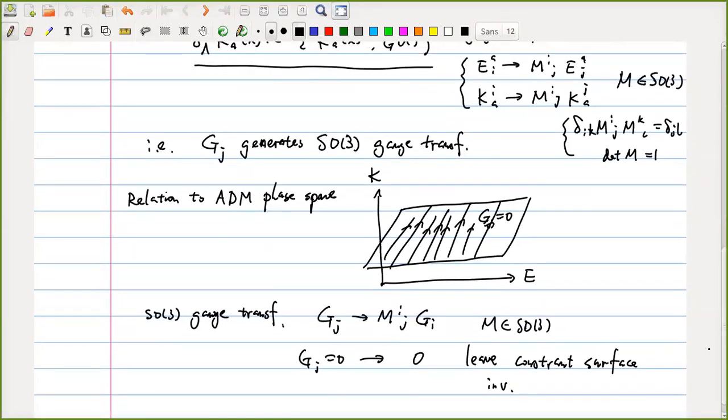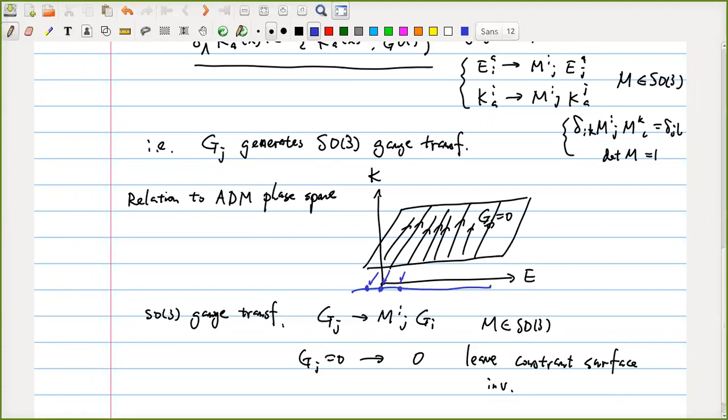Now you can do something similar by taking the quotient. You can consider the SO(3) gauge invariant quantities, and they are just functions of gauge orbits. They are not functions of the constraint surface, but actually functions of the gauge orbit. Namely, they are constant along the gauge orbit. So they can be defined on a certain kind of reduced phase space, where you consider each gauge orbit as a point.